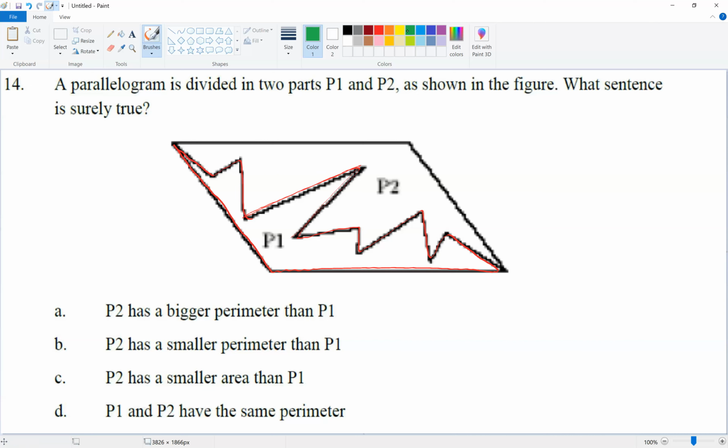Yes. And the P2 perimeter would be this line. And this side is the same as this side, so both will have the same perimeter. We cannot say about area because we don't know the numbers.